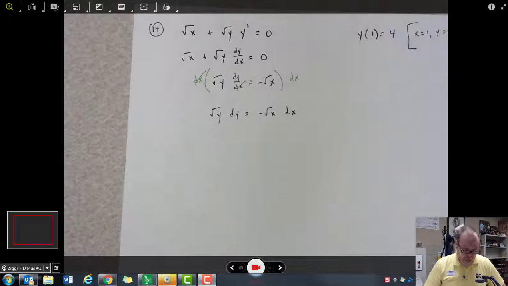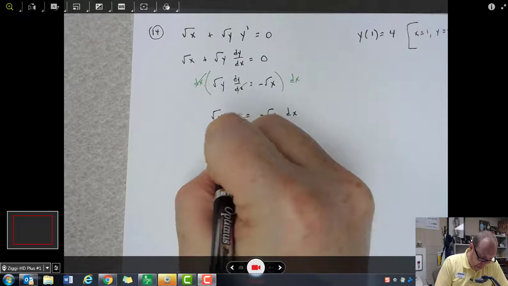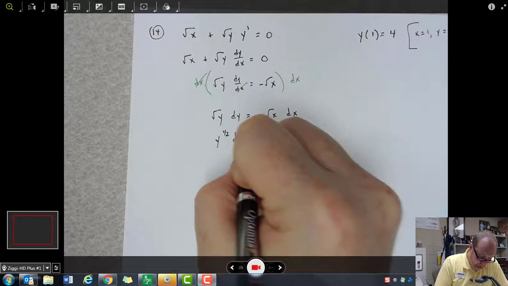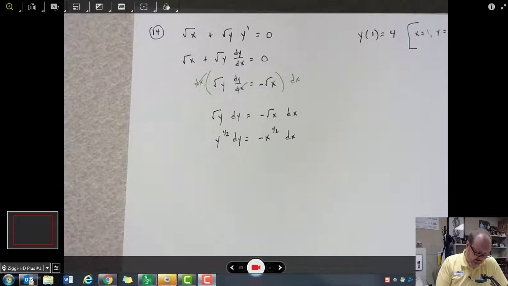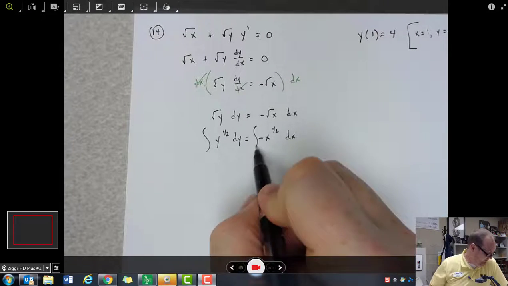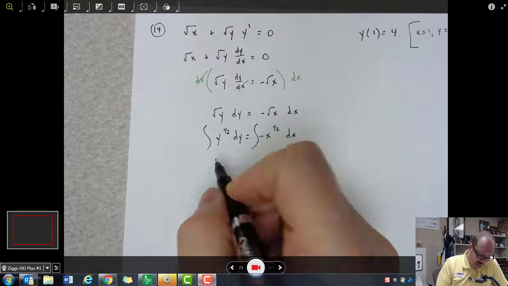And I'm almost ready to do the integration, but I think I'll go one more time and write it as a power. That makes the integration a little bit easier, and indeed I'm going to integrate both sides of that. So let's do it. Add 1 to the power and divide by the power.